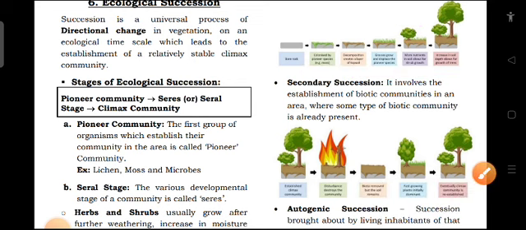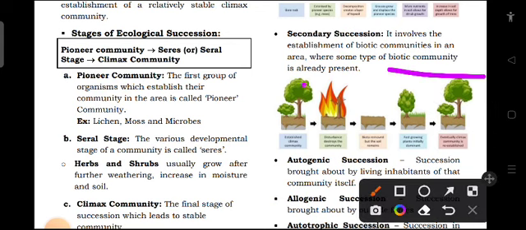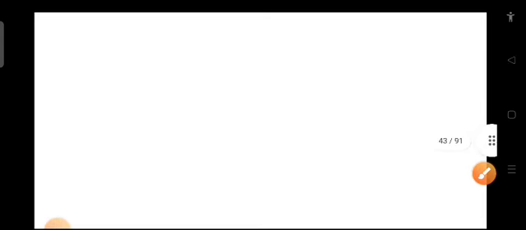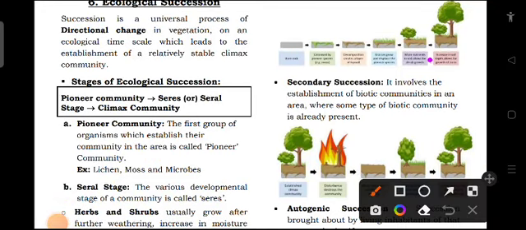The secondary succession involves establishment of a biotic community in an area where some type of biotic community is already present. For example, here we have this particular community. This is primary. In the secondary, from this it will continue. Already we have some or other biotic community.